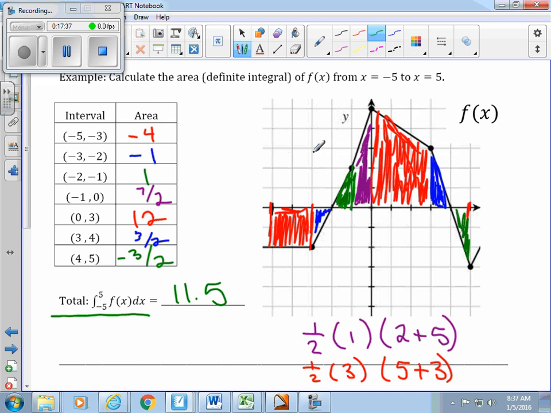Yeah. Just go from negative 5 to negative 3 or negative 2. That whole piece is below the x-axis. And so your area would just be negative. Is that your question? So it doesn't matter whether it's up here or down here. We're just going to draw the shape with the x-axis. If it happens to be down here, we would make it up to the x-axis instead of down to the x-axis.